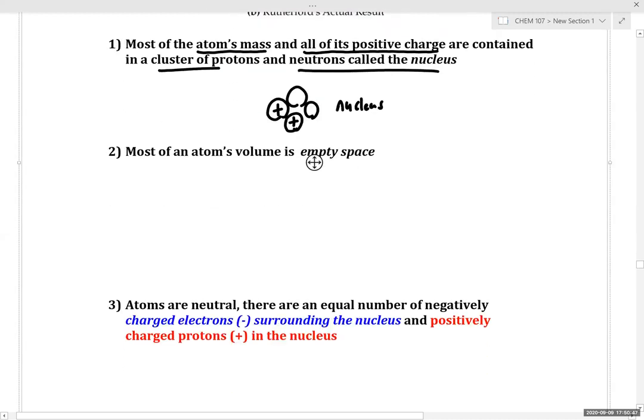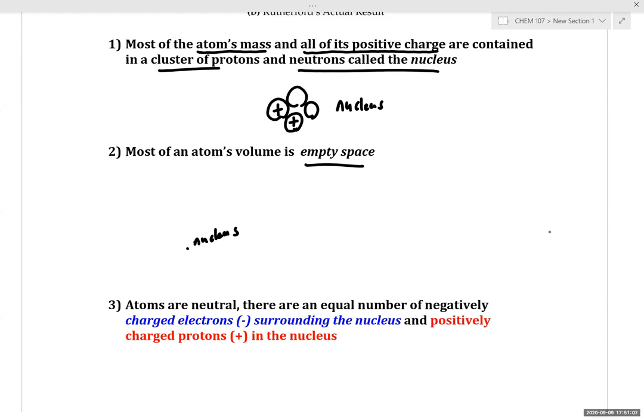Now, most of an atom's volume is empty space. So if I drew this very teeny tiny dot as our nucleus, the edge of our atom would be miles away. So the majority of an atom is empty space.